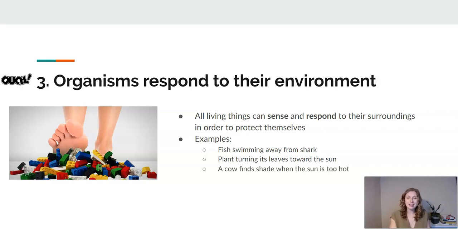Similarly, if it's a really hot day, you could have cows in a pasture find shade because the sun is hot. All of these are examples of organisms sensing something in their surroundings and responding. So the sun is hot, so we find shade. That's what you sense and the response.